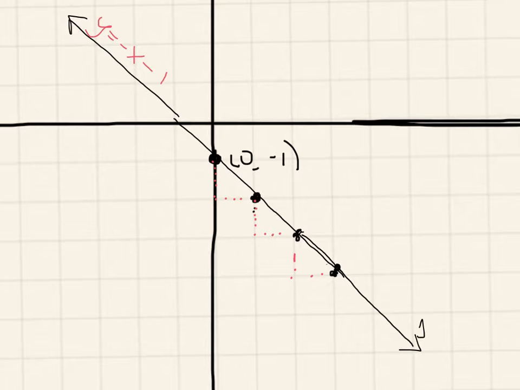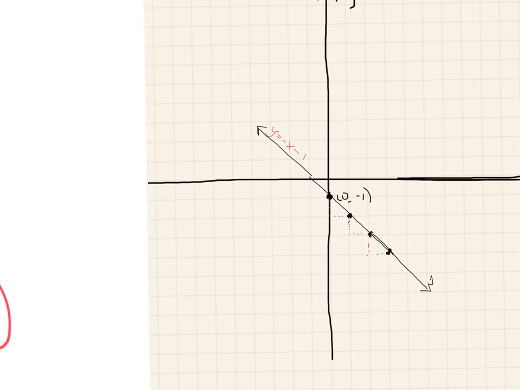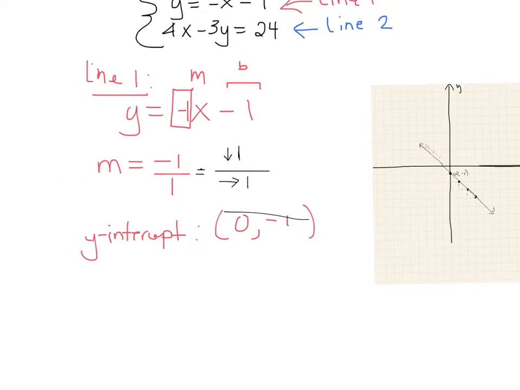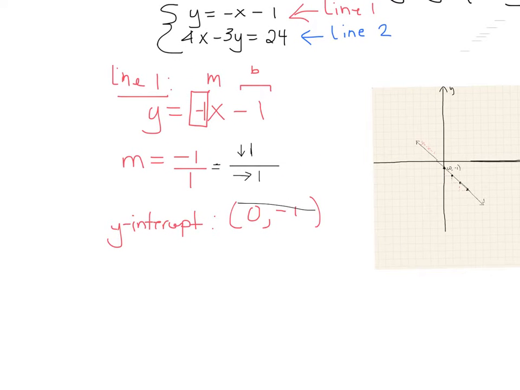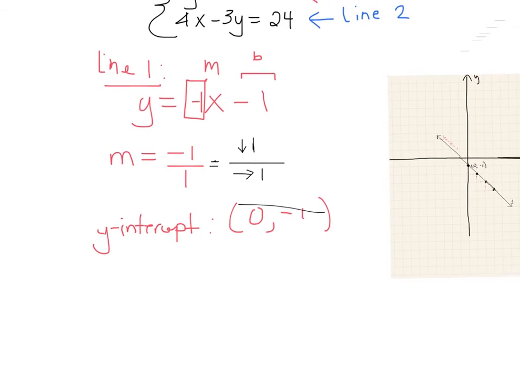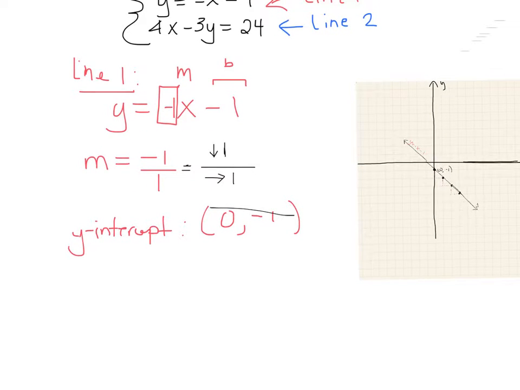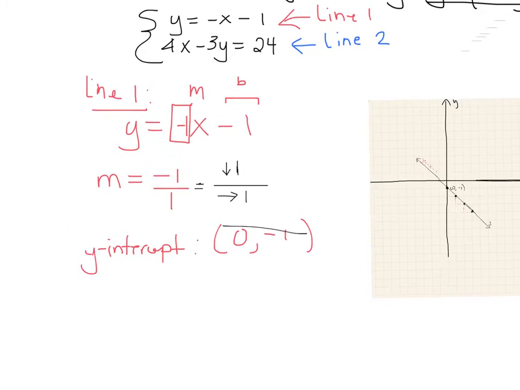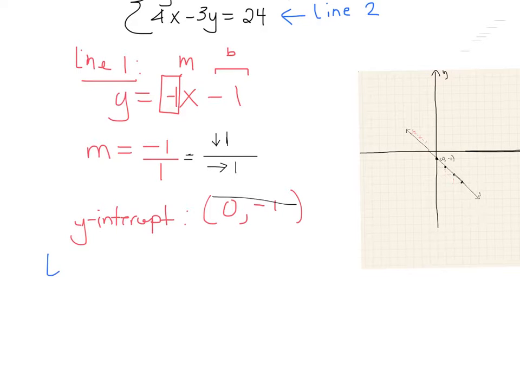Okay, so let's graph the other line, and just to change colors, let's do this in blue. Our next line is line 2: 4x minus 3y equals 24.